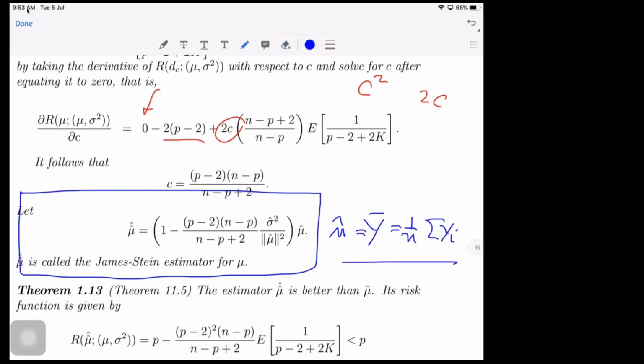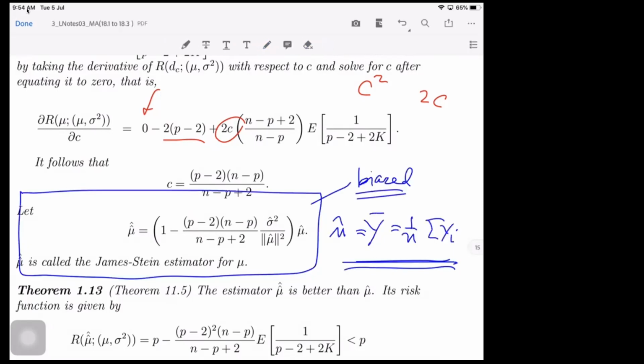Going back to unbiasedness, this one is biased, but it is a balance between a bias but with a minimum risk, because the risk associated with using this estimator is lesser than the risk associated with mu hat.